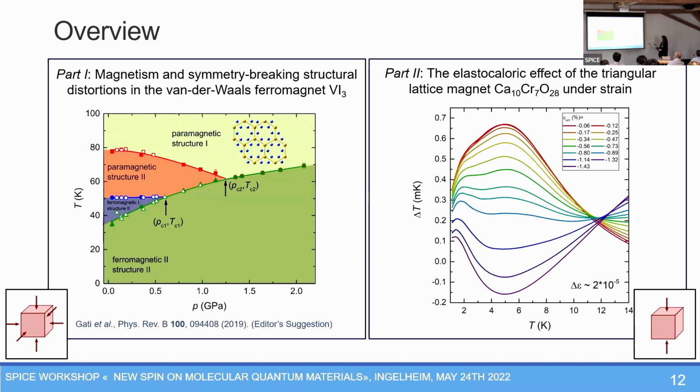And then in the second part of my talk, I want to discuss the aspect that we can also use pressure to probe properties. And so what I will show is data of the elastocaloric effect of a frustrated magnet under strain.